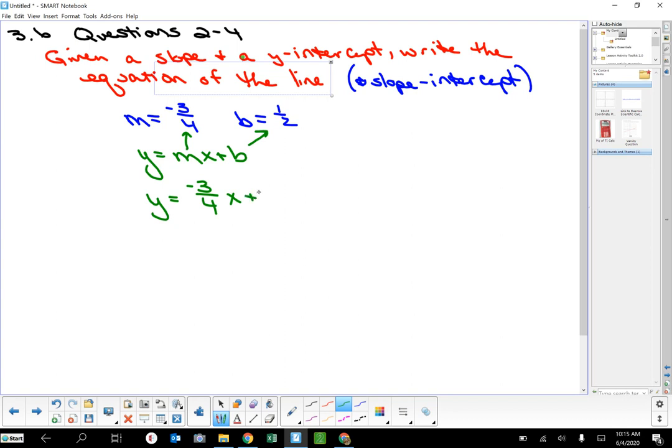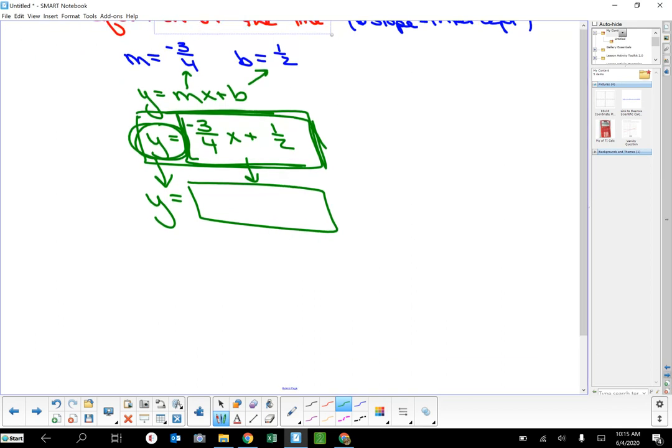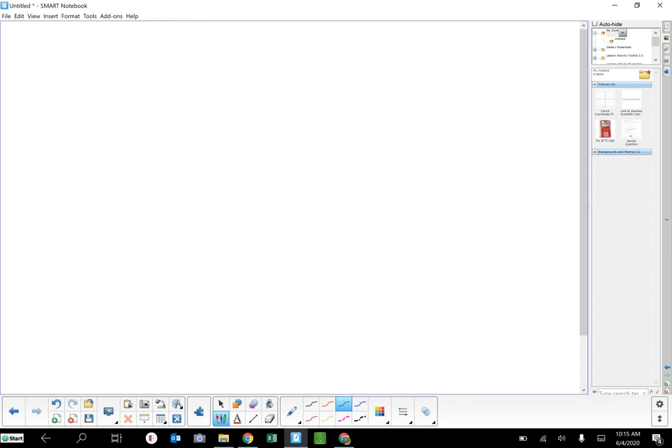B is 1/2. That's what you're going to type into Varsity, although it might actually look like this. Y equals a box. So you ignore this part because it's right there, and you just put in the part that you manipulated. Okay? That's all that is. All right. The next one, questions 5 and 6.